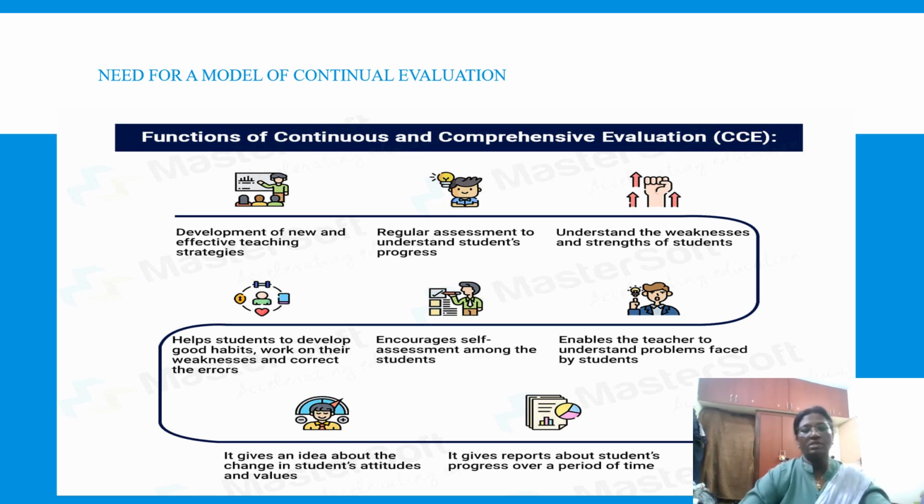With the blackboard teaching, we will do assessment. Okay, different types of teaching are there, blackboard teaching, and different types of methodology we adopt while teaching the lessons, micro teaching, macro teaching, and so on. This is also one of the strategies we will apply. Regular assessment to understand the student's progress and understand the weakness and strength of the student.